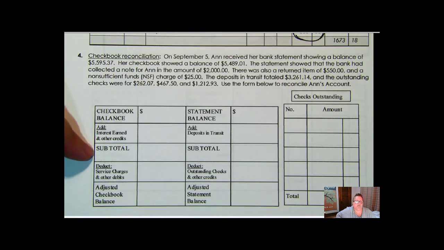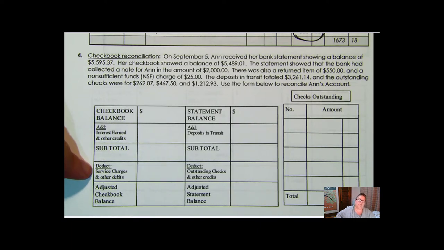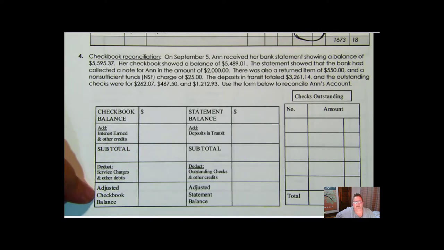We then subtotal that and deduct any service charges or debts. These would be any service charges imposed by the bank or any debts that had to be repaid and taken out of your account. These would be debts that you would not necessarily have notice of, or possibly debts that the bank knew of first before you did. And then that would give us the adjusted checkbook balance.